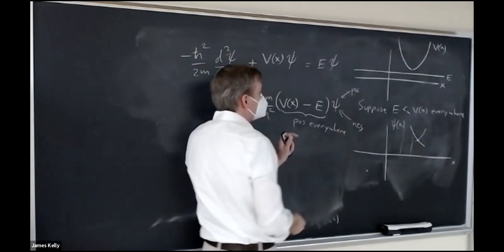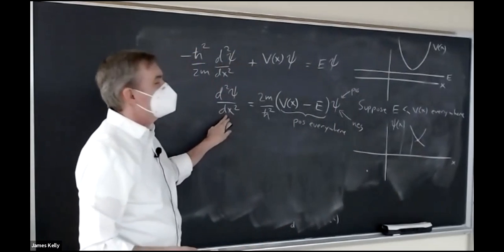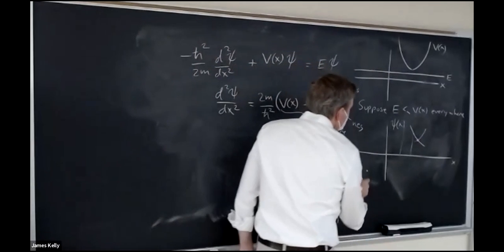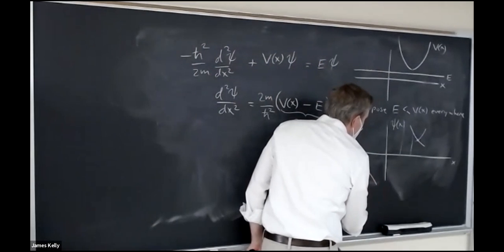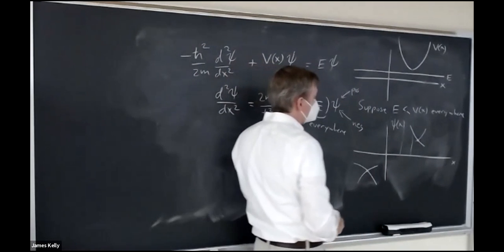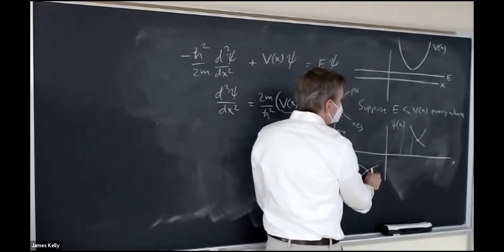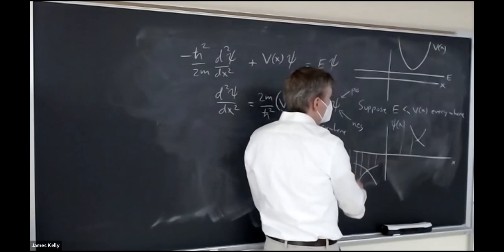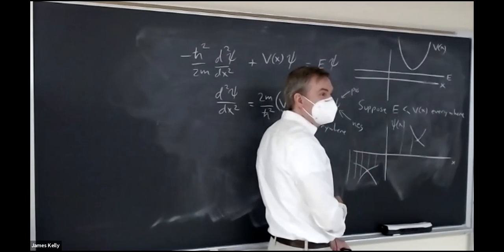If we assume psi is negative, the concavity is negative. That means it's curving generally in this direction, and it's either curving down like that or it's curving like that. Those are the only possibilities. In one of those cases, this one right here, when we take the area under psi star psi, after we square it, we're going to get an infinite area under the curve over there.